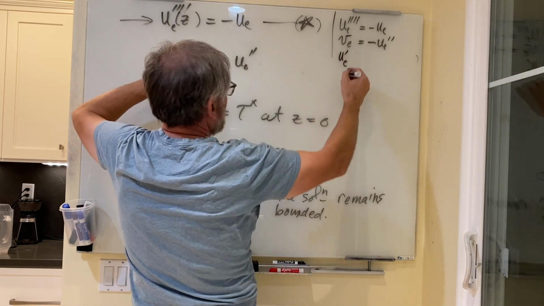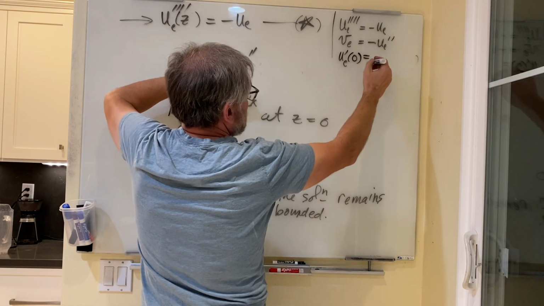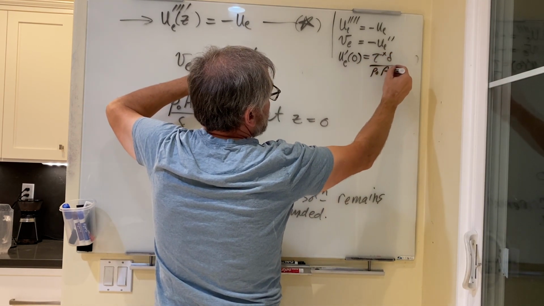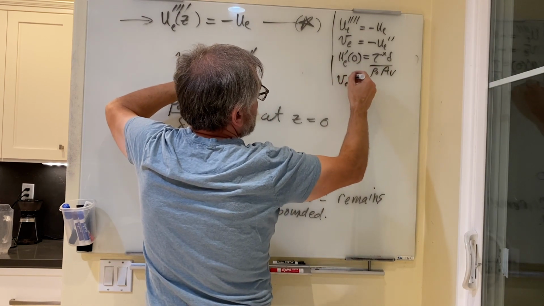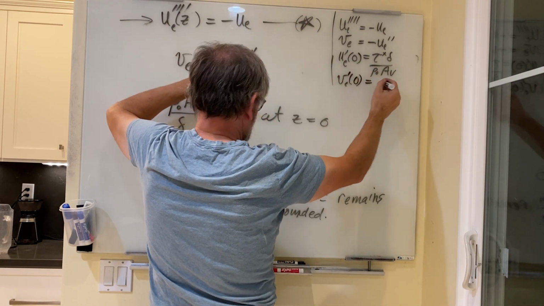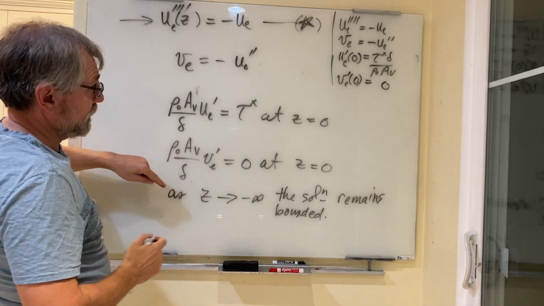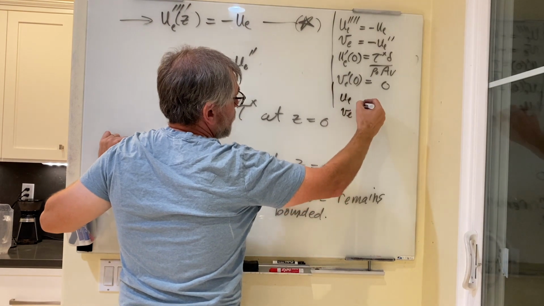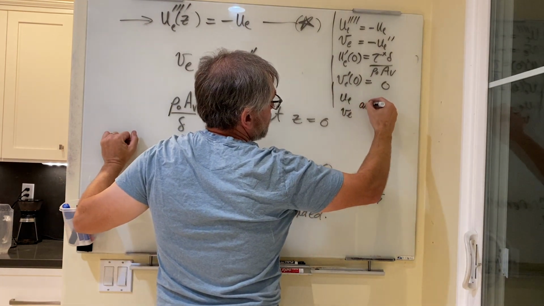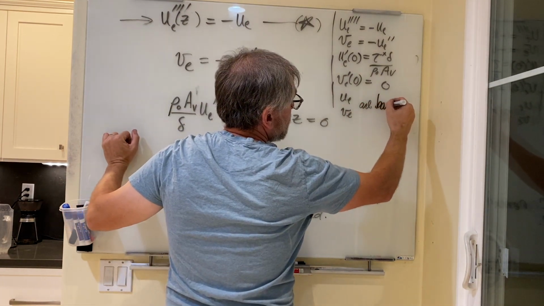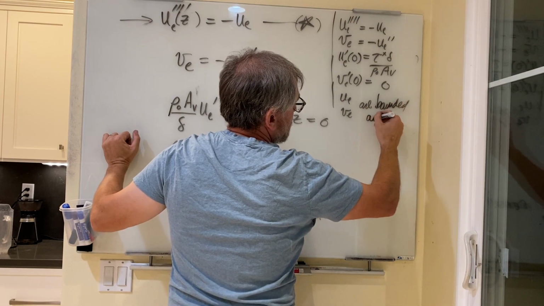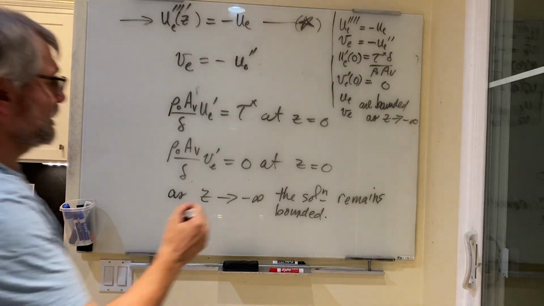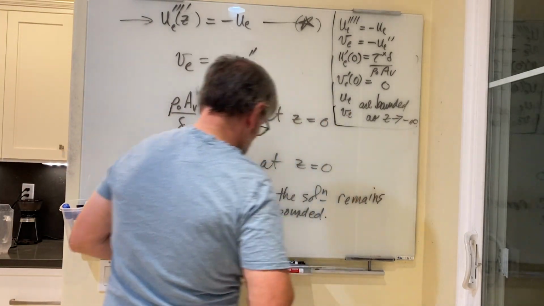UE primed at 0 is equal to tau x times delta over rho naught AV, and VE primed of 0 is equal to 0, and UE and VE are bounded as z goes to minus infinity. Okay, so I can keep these over here because we'll need them later.